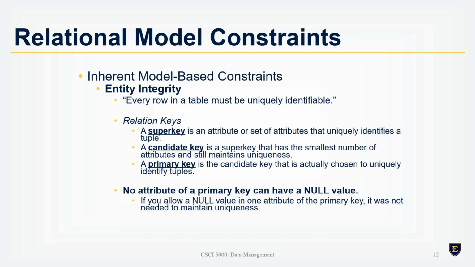So there might be super keys that allow us to uniquely identify the row within that relation, but we want to choose a key that is something small, the smallest possible number of attributes, but we still have uniqueness maintained. The primary key is the candidate key that is chosen to uniquely identify the tuples. So no attribute of a primary key can have a null value, because if you allow null values in one attribute of the primary key, it was not needed to maintain uniqueness.